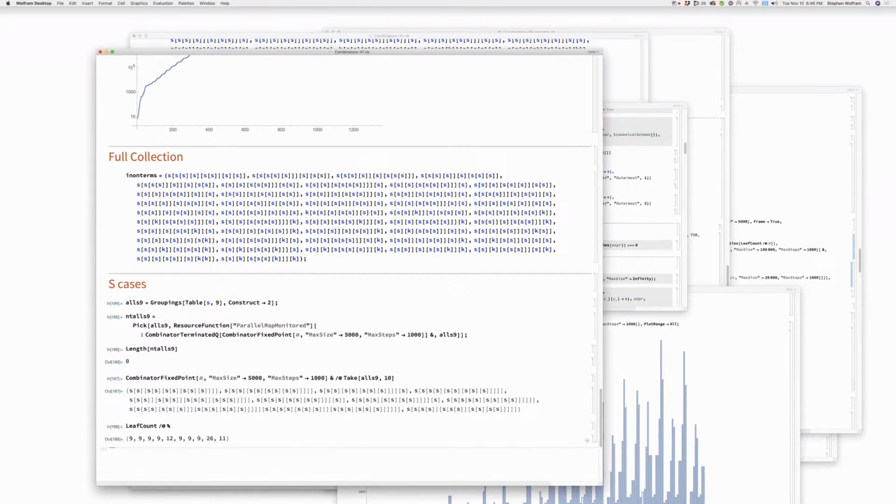Okay, whatever. Well, let's just do this. Let's just run the combinator fixed point over all of those.